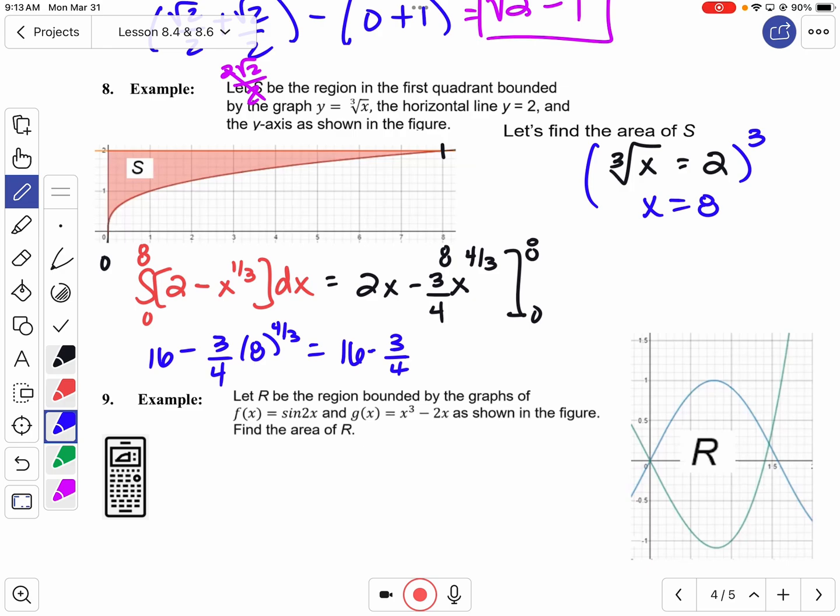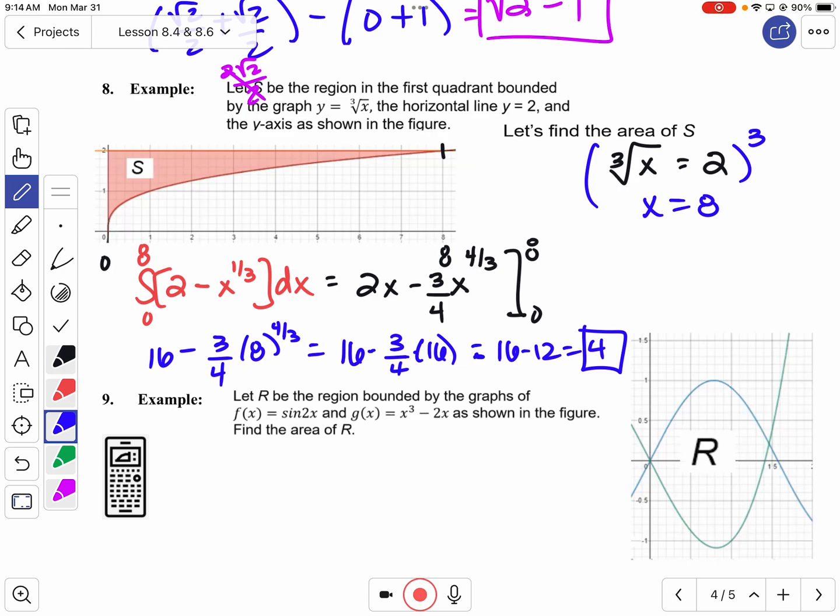Okay, 8 to the 4/3, what does that mean? Yeah, 8 to the 4th, and then you would cube root it, right? So how about we do the cube root of 8 and then raise it to the 4th? Cube root of 8 is 2, 2 to the 4th is 16. So I've got 3/4 times 16, which gives me 12. And 16 minus 12 gives me 4. What do you think? Got it?